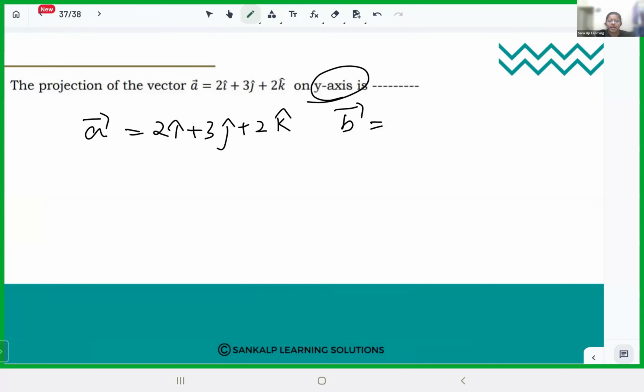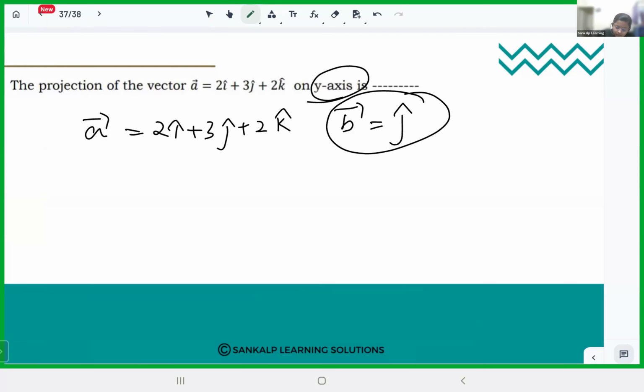What is the unit vector of the y-axis? Unit vector of the y-axis is j, right? So the representation of the y-axis in terms of vector is j. So a equal to 2i plus 3j plus 2k should be projected on b equal to j.